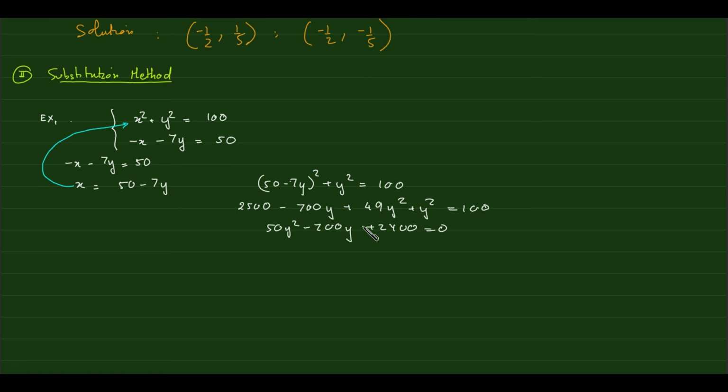You divide both sides by 50, and you have y squared minus 14y plus 48, since 2400 divided by 50 gives you 48. So you have a quadratic. Now you can go ahead and factor it. 48 is 6 times 8. So we have y minus 6, y minus 8 equal to 0. And here you go, you can solve for y.